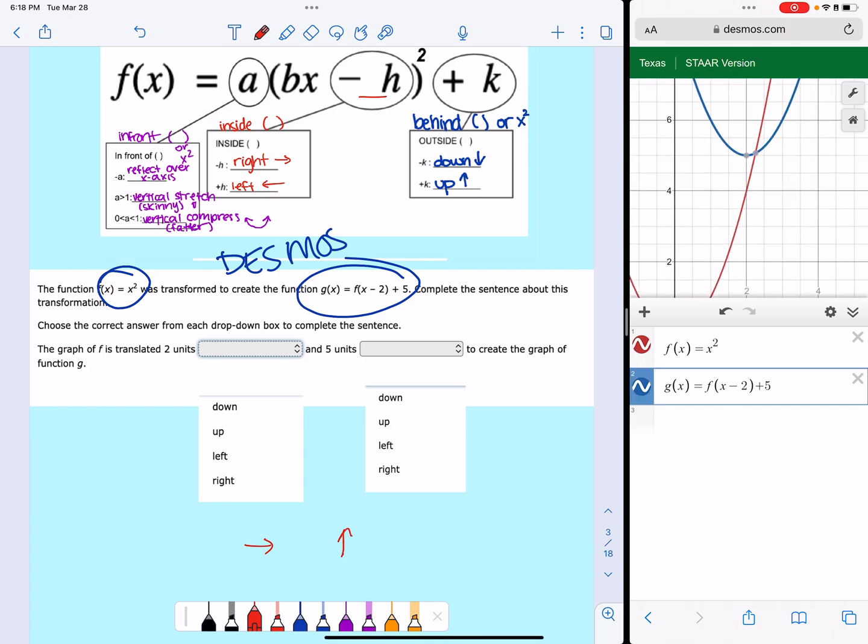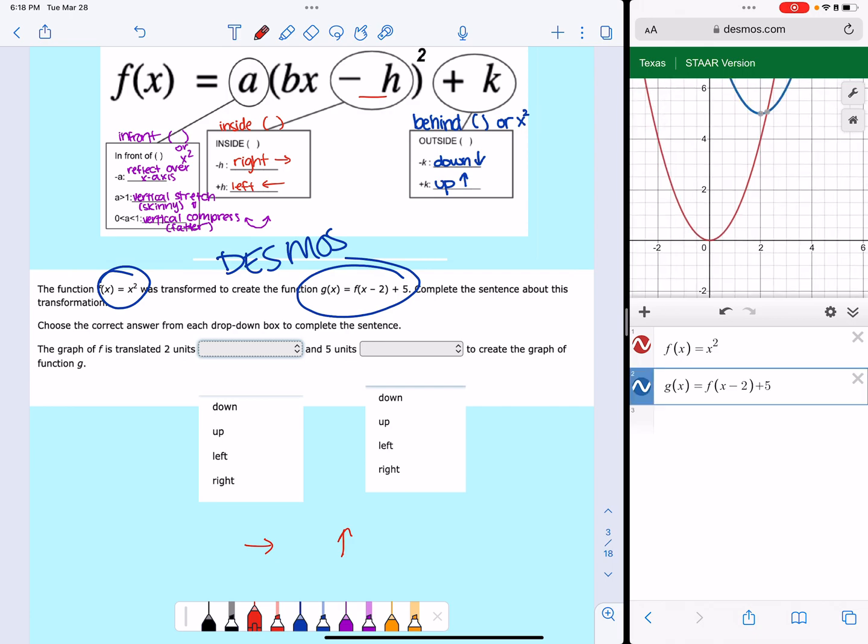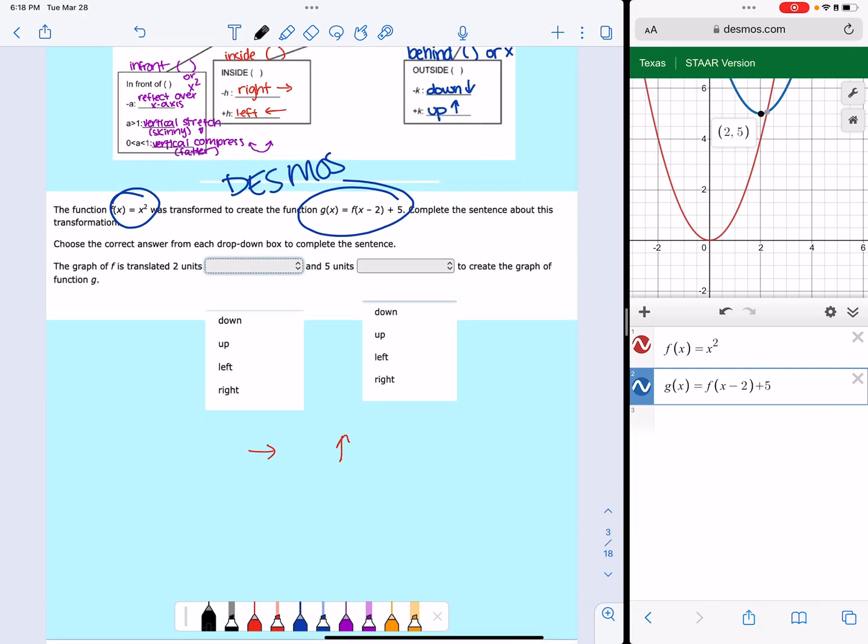So we need to see what point this is, 2, 5. So it went to the right 2 because that's our x, and up 5. If we draw the graph here to help us see it better, we start at 0, 0, 1, 2, 3, 4, 5. And then we have this one. So we're going from black to purple.